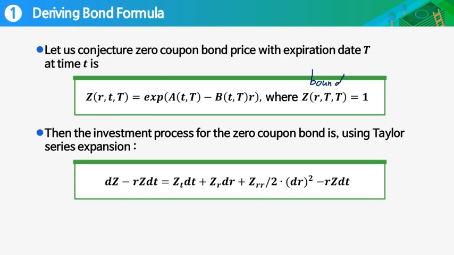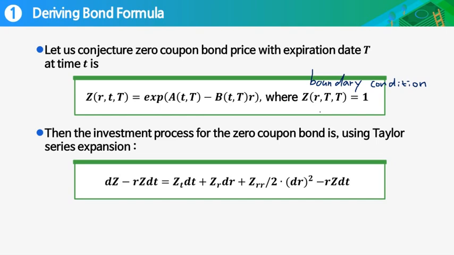Mathematically, it is called the boundary condition. And this boundary condition is economically intuitive because the price of the bond at maturity should be the same as the face value.